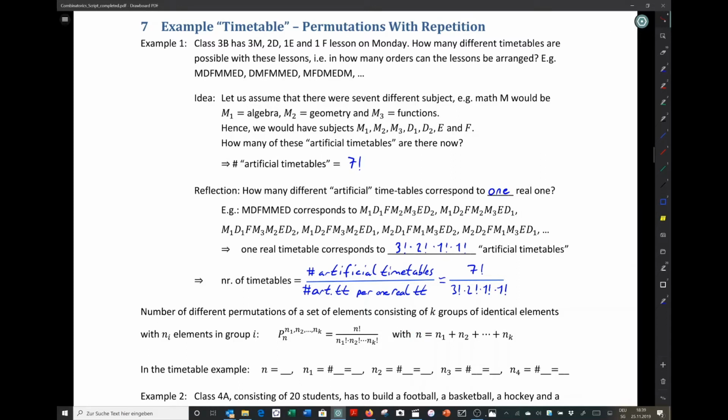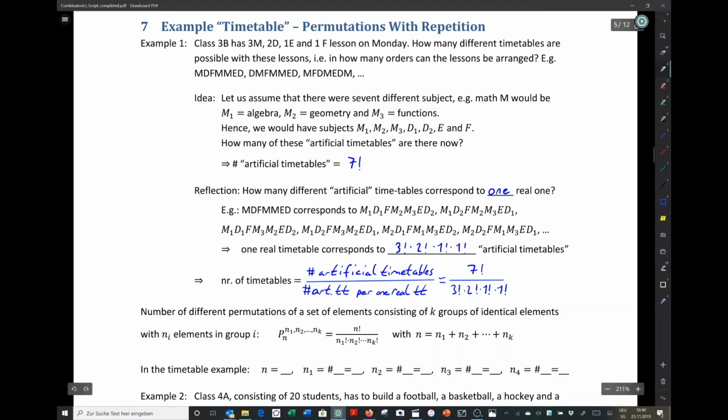So when we want now to look at the number of possible arrangements of these n elements, we find now n factorial divided by n1 factorial times n2 factorial and so on times nk factorial. So in the end, we just do the normal permutation formula n factorial, and then we divide by the number of repetitions of each of the elements.